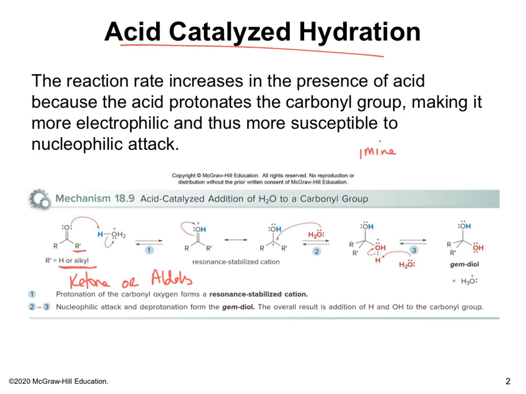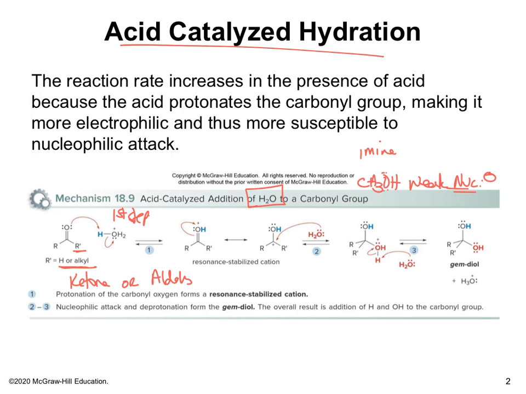So this gets protonated. That's the first step because you've got to activate. This is obviously adding a water to the carbonyl. I've been focusing on more like an alcohol, methanol. This is a weak nucleophile. So with weak nucleophiles, you need an acid catalyst to do this first step of protonation of the carbonyl oxygen.